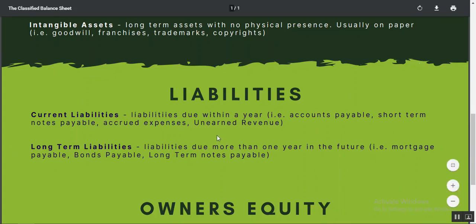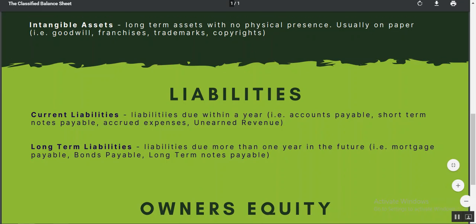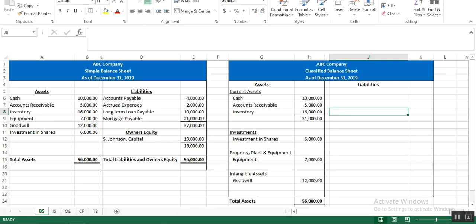Current being anything that we owe to individuals that's payable within a year, it's due to be paid within a year. Long term being anything that's over a year. And so let's take a look at what we have here. We have accounts payable, accrued expenses, long term loan payable, mortgage payable.